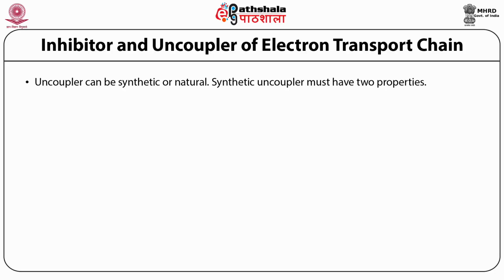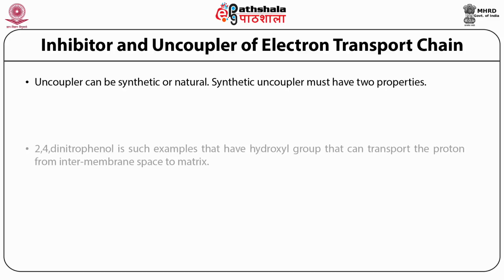But what happens here, if you have uncoupler, uncoupler takes proton from intermembrane space on its ionizable group and crosses the mitochondrial inner membrane to reach the matrix, because they are hydrophobic in nature. So in this way they are dissipating the delta G created in the intermembrane space and this leads to the production of heat. So we have a synthetic uncoupler, that is 2,4-dinitrophenol, which has a hydroxyl group that is going to carry the proton from intermembrane space back into the matrix.